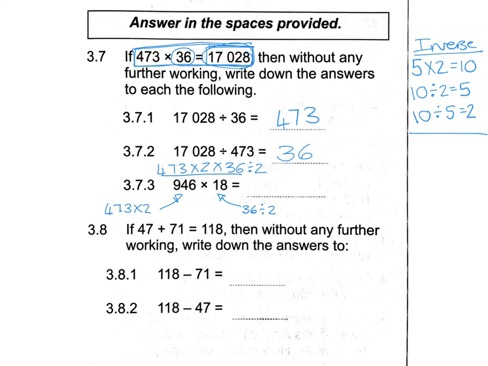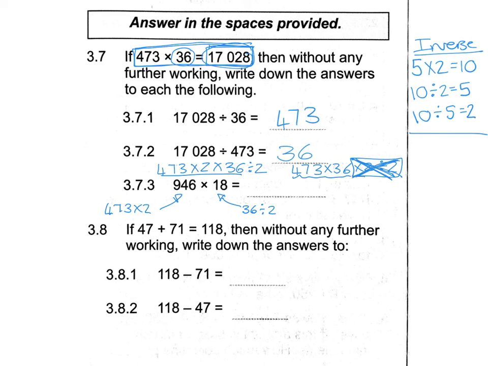If I write it as 473 times 36 times 2 divided by 2, you might notice what is happening here. Why would I times something by 2 if straight after it I'm going to divide by 2? Can you see that these cancel out now? And voila, if they cancel out, I'm going to end up with the exact same question.